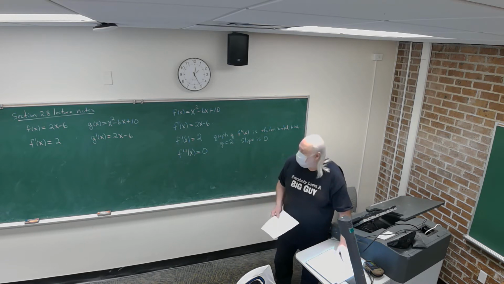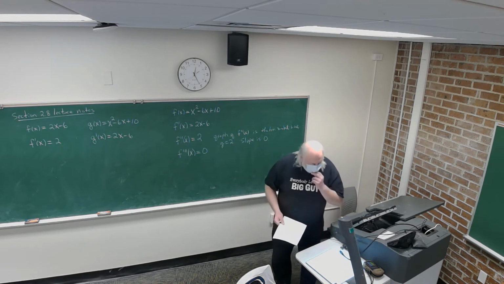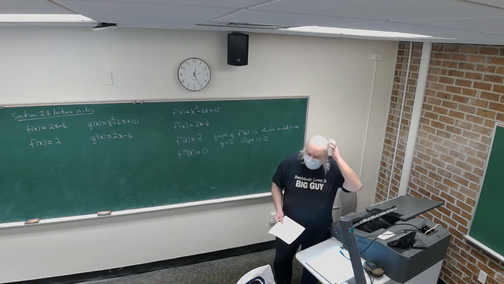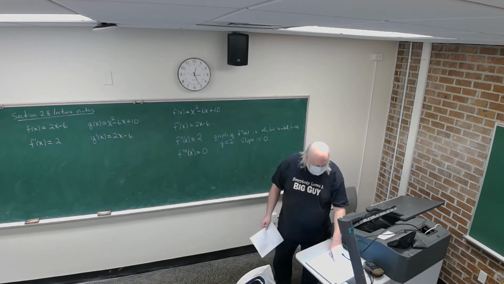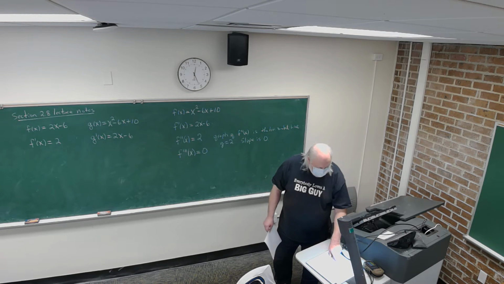Down below, we have done examples where a ball is thrown up in the air, and h of t is the height of the ball at time t. The ball is thrown vertically into the air. We did an example in class where we had to find the instantaneous velocity of the ball at t equals 2 seconds. The derivative of h of t, which we denote with h prime of t, gives us the velocity of the ball as a function of time.